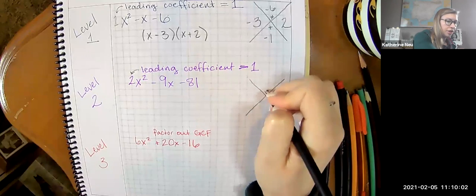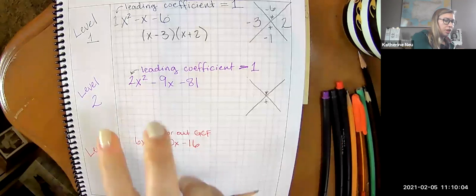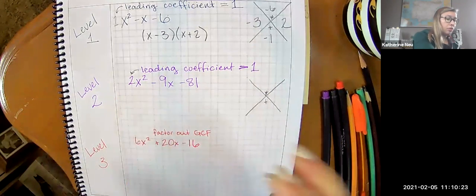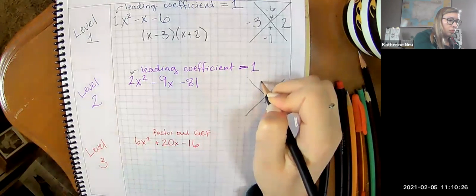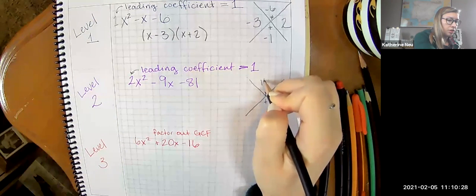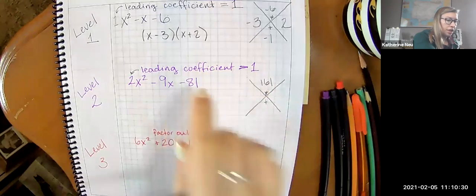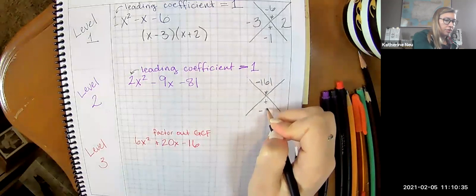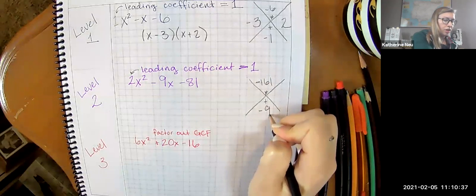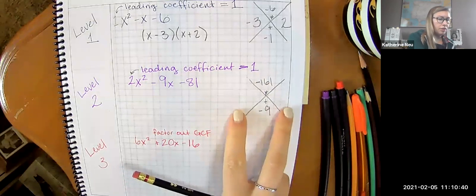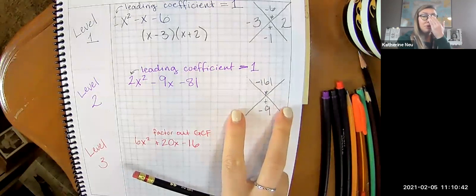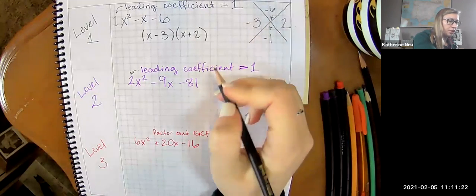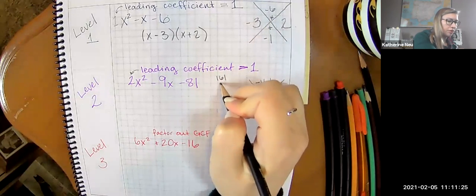And I'm trying to find 2 numbers that multiply to 2 times 81, 162, and that is negative. And then 2 numbers that add to -9 as well. So let's see. I might need to reference my multiplication chart. 162 is kind of a big number, so I don't know what it is right off the bat.